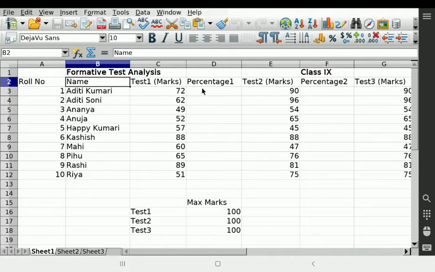So here below you can see I have taken maximum marks. Maximum marks of test 1 is 100, for test 2 also 100 and for test 3 also 100. According to the marks obtained you can see.